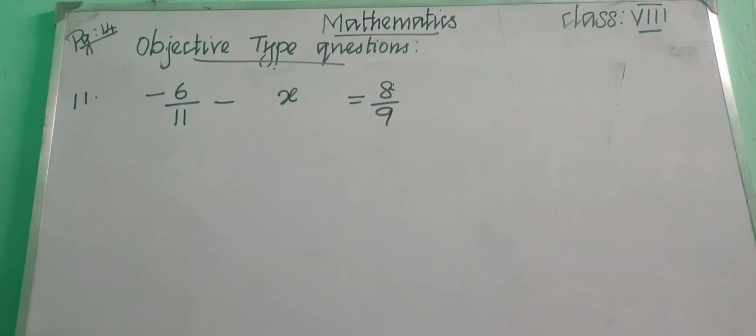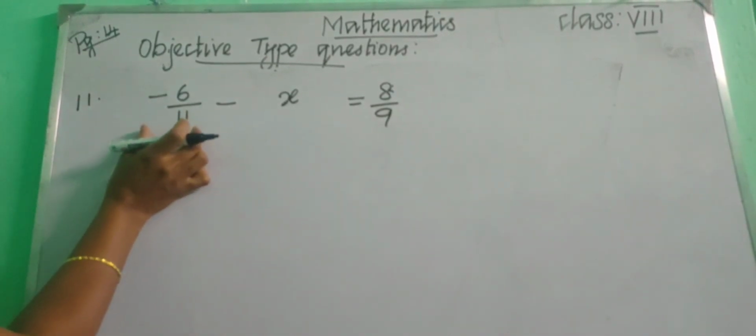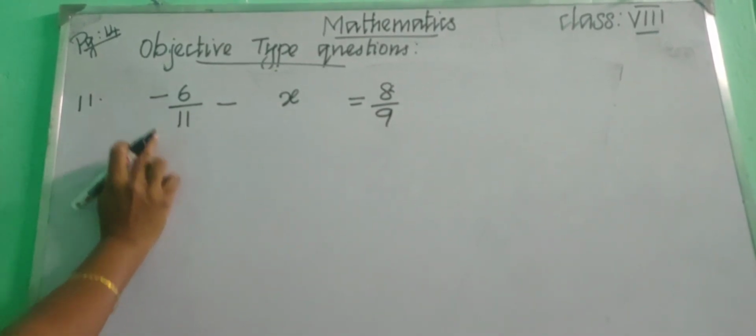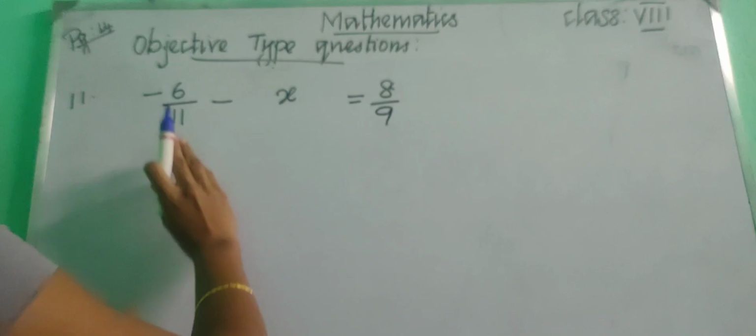So the number which is subtracted from, okay, the from is mentioned there. So we are bringing the first term as -6 upon 11. So -6 upon 11 minus x equal to 8 upon 9. So we can solve it easily, right? We need to bring x in one side and another rational number in one side, okay children.